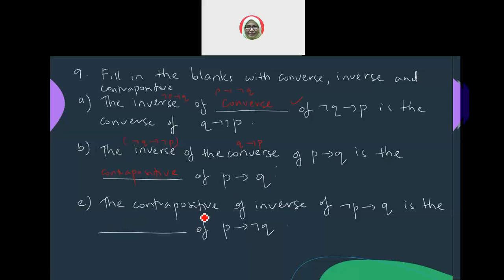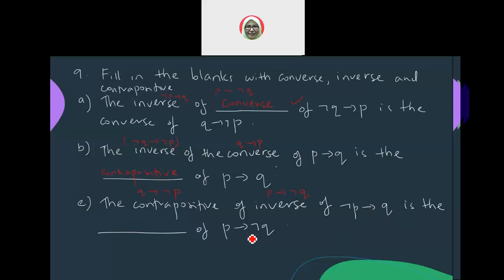Next one, the contrapositive of the inverse of this. So what is the inverse of this statement? Inverse of not P implies Q is P implies not Q. The contrapositive of this, not Q... which is Q implies not P. Alright, not P. What is the relationship between this and this?